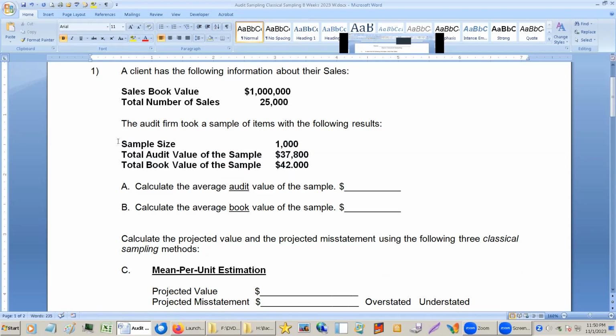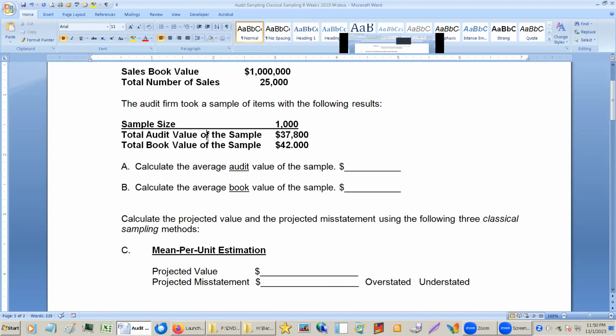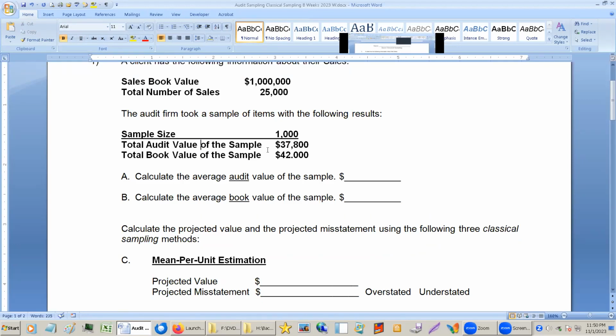So here's our sample. We take 1,000 items, and we add up what we come up with. This audit value is what we came up with for a total when we looked at these 1,000 items. Now the client gave us these items, and the client came up with this amount for the total.